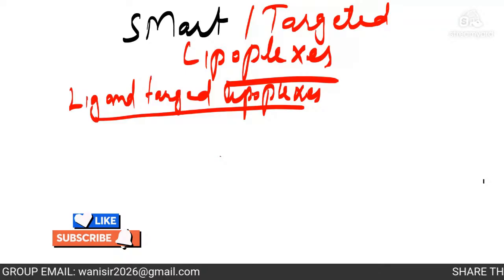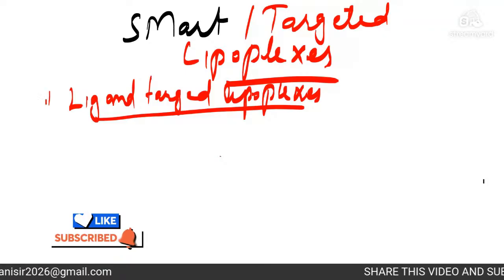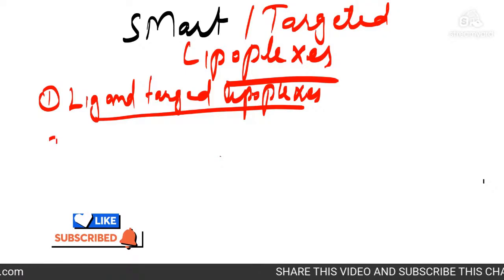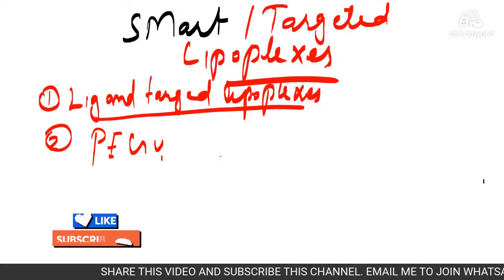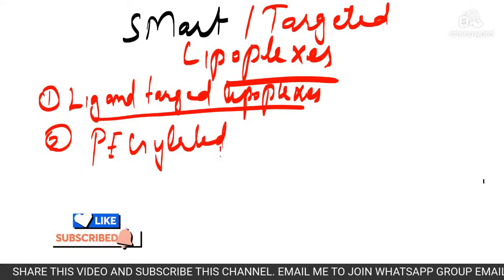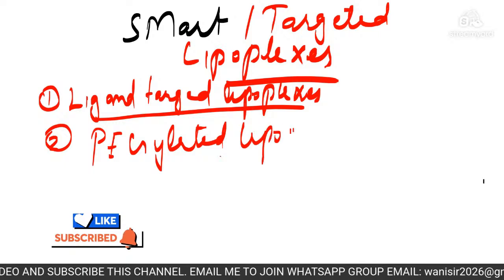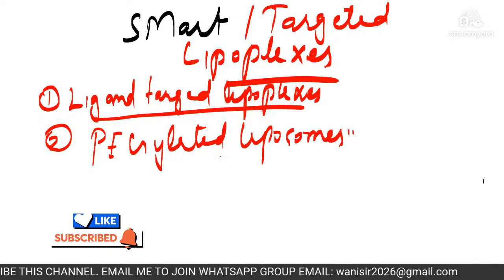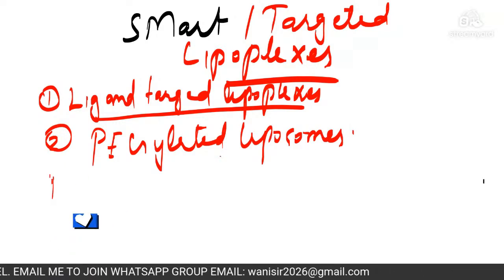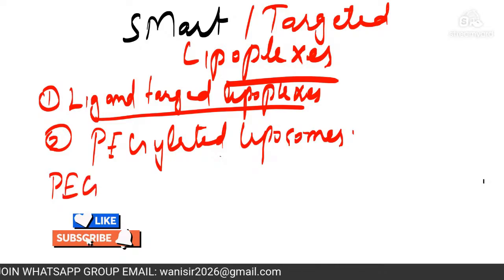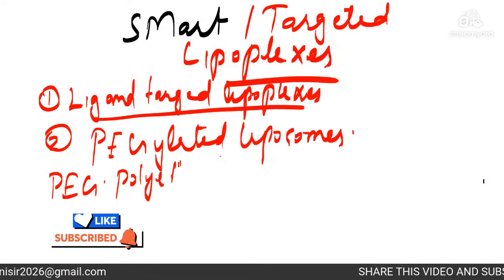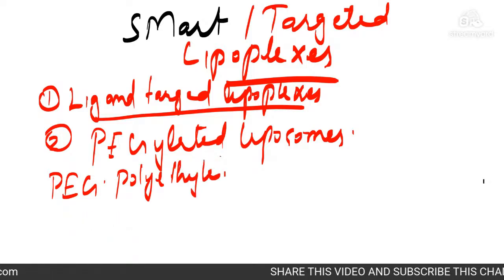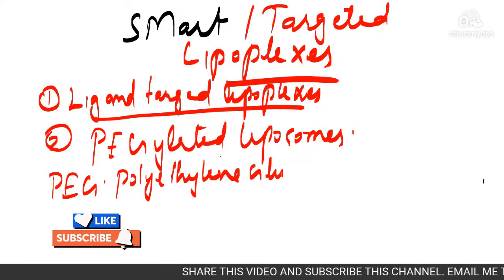First is ligand targeted lipoplexes. Second is pegylated liposomes. What are these pegylated liposomes? First of all, we will understand what PEG is. It is polyethylene glycol.